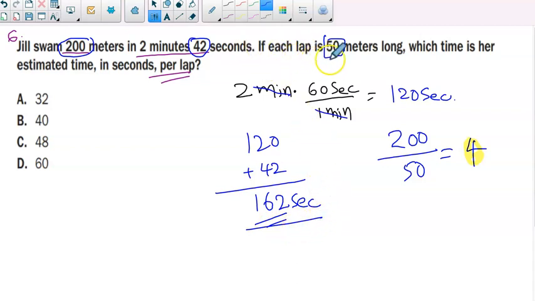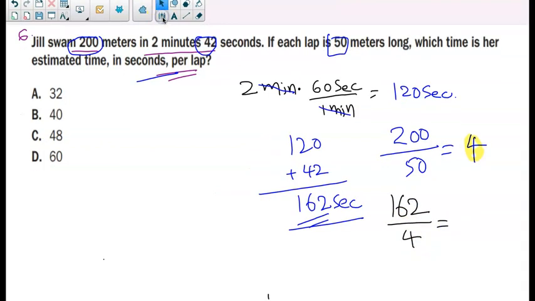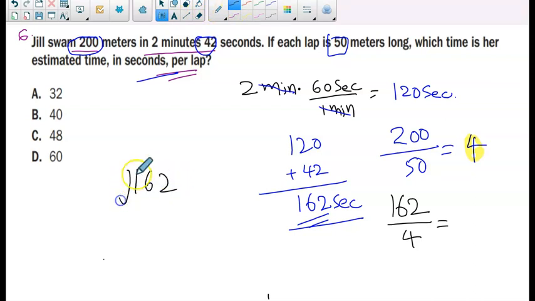Now just for one lap of 50 meters, I just have to divide the total time, that is 162, divided by 4. I'll do the division here at this point. 162 divided by 4. 4 times 4, 16.